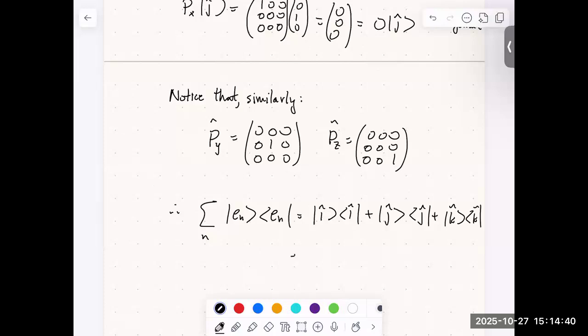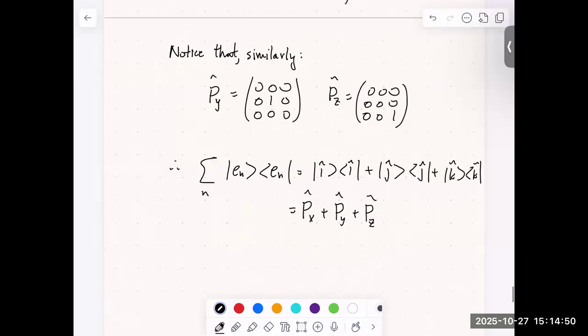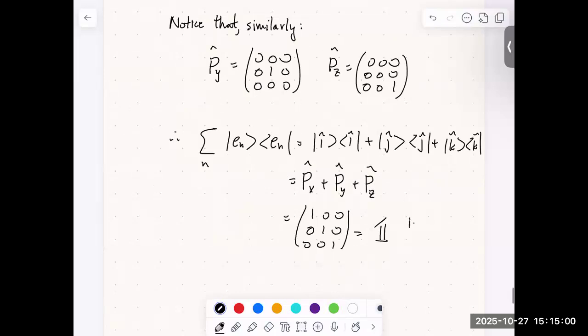That's going to be exactly equal to px plus py plus pz. And that's going to be 1, 0, 0, 0, 1, 0, 0, 0, 1. And this is the identity matrix.